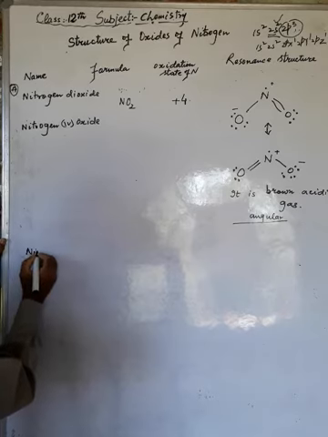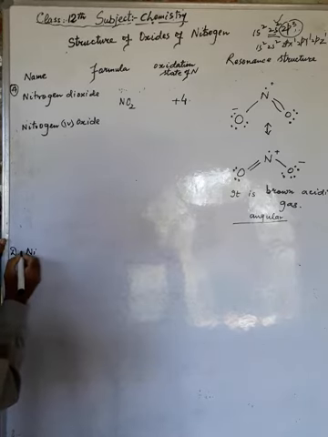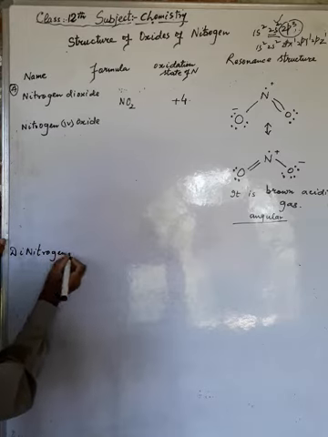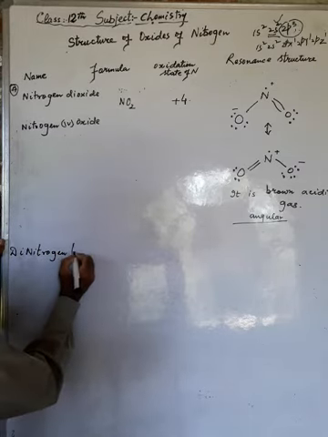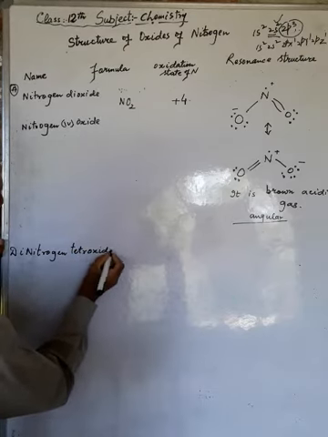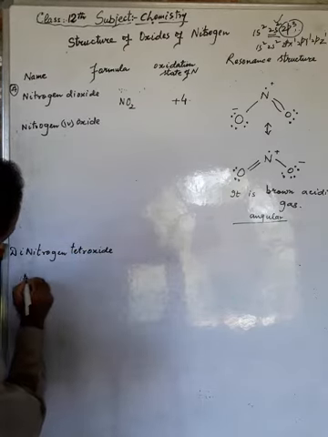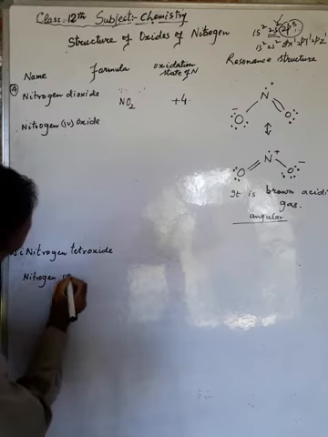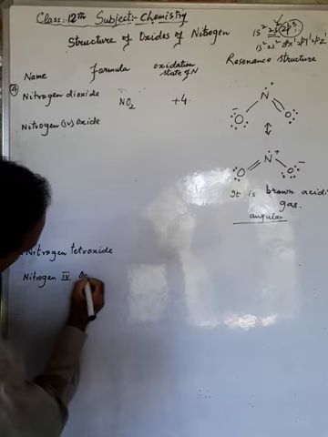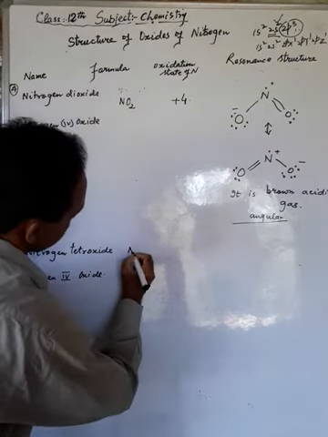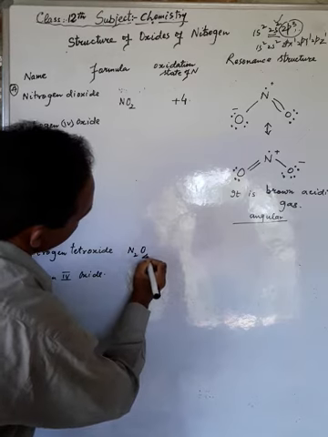dinitrogen tetraoxide or nitrogen 4-oxide. The formula is N2O4.